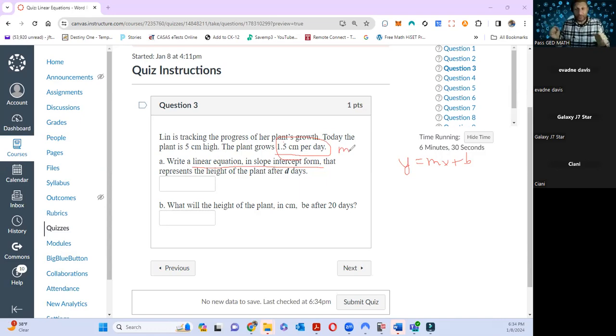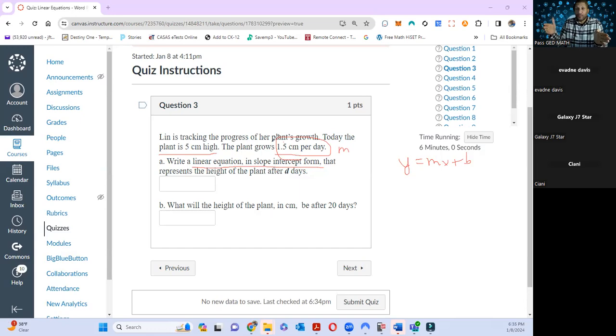When I start, how tall is this plant? 5 centimeters high. Today, the plant is 5 centimeters high. Tomorrow, how tall is my plant going to be?